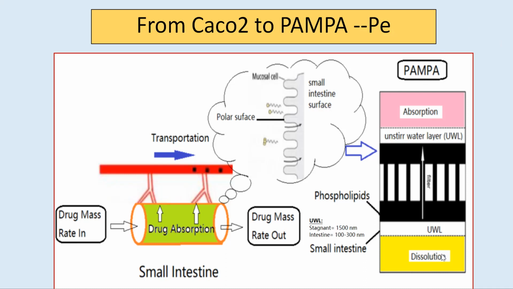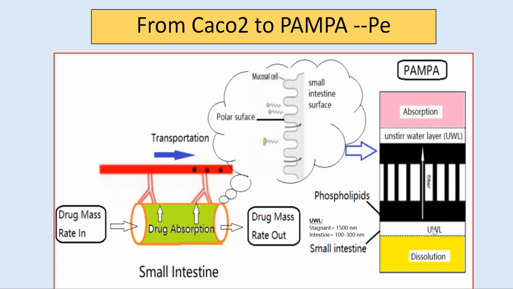If you have dissolution with API, the API is going to permeate through the PAMPA and be collected and measured in the absorption side. And once the API tries to permeate through this membrane, there is a layer called UWL, which is the unstirred water layer. They exist on both sides of PAMPA.